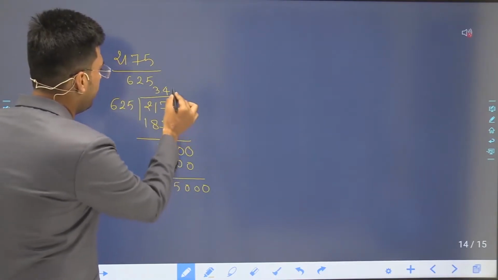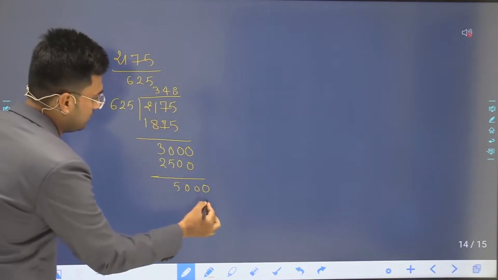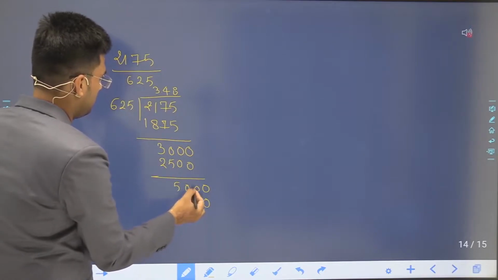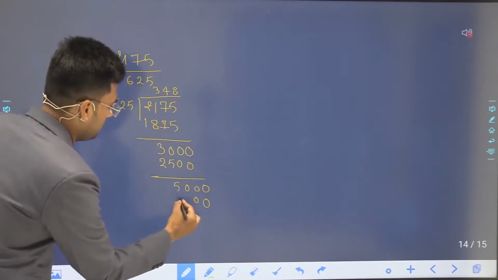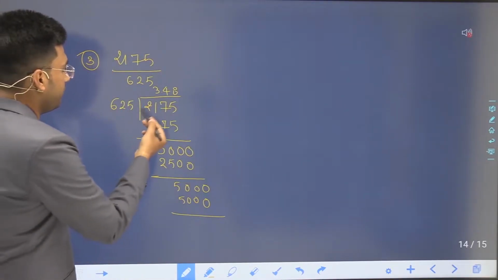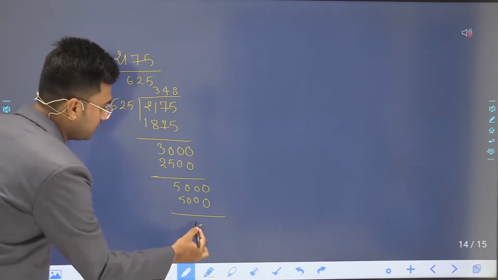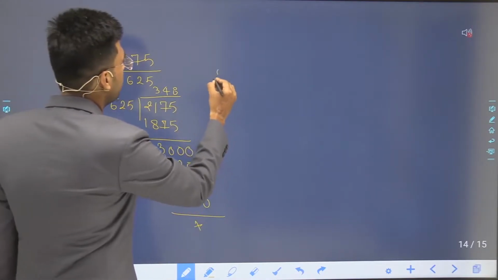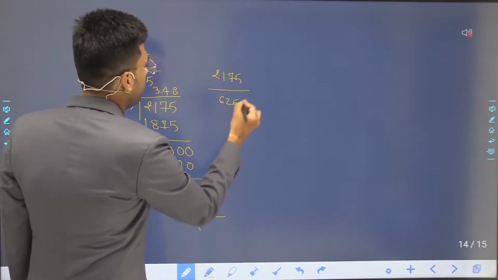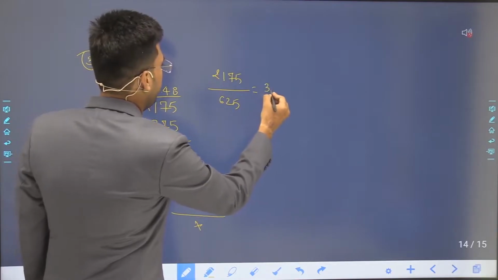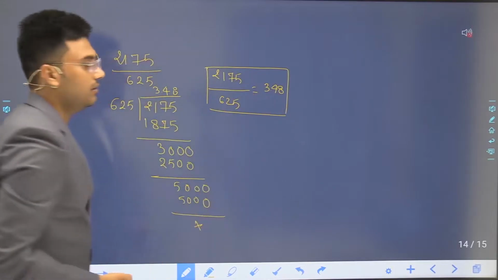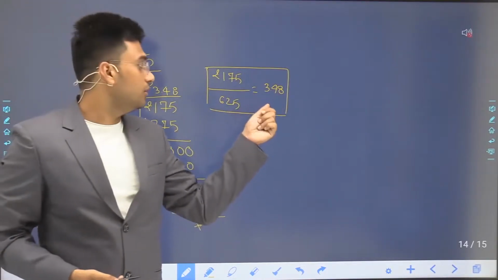Let's check 8 times. It divides completely 8 times. 625 multiplied by 8 is equal to 5000. Then we can write 2175 divided by 625 is equal to 3.48.